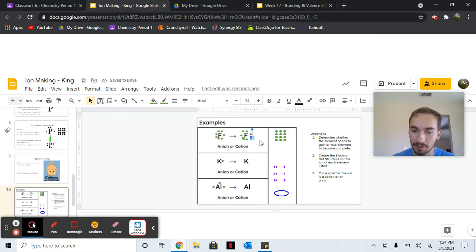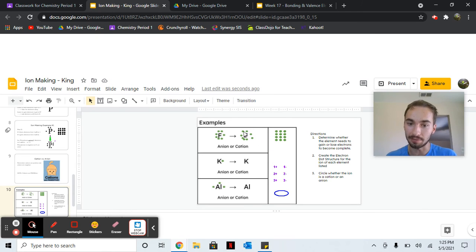Okay. It doesn't look perfect. They should be in 2s, but it should have 8 electrons.